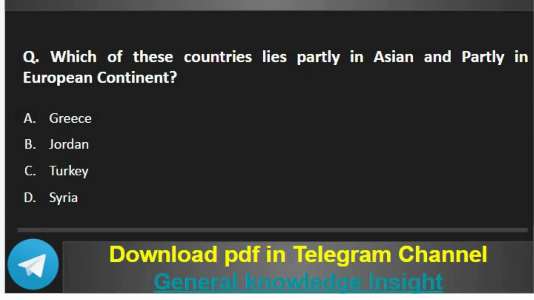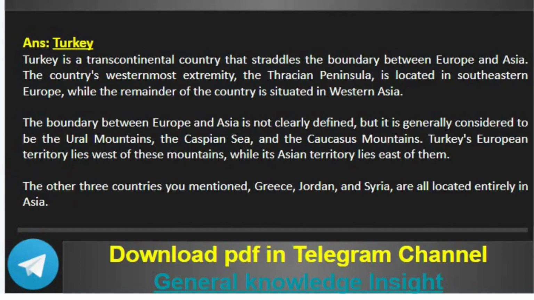Next question, which of these countries lies partly in Asia and partly in the European continent? Correct answer is option C, that is Turkey. Here, Turkey is a transcontinental country that straddles the boundary between Europe and Asia.